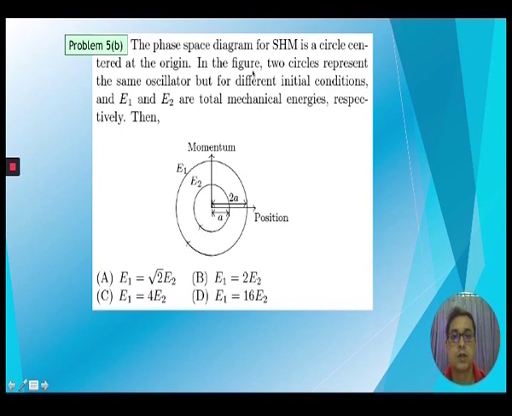Now, when it is said that it is the same oscillator, what does it mean? That means it has the same spring constant, the same mass, and the same angular frequency. So it's not really a problem. The energy simply depends on the amplitude, and what is asked is the relation between the energies of these two situations.